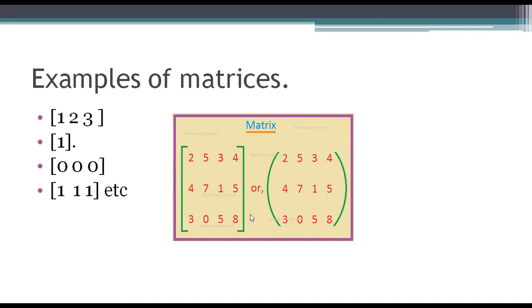That's why we write it 3 by 4. And this matrix similarly has 3 rows and 4 columns. Here the only difference is the parentheses or brackets. This is a square bracket and these are parentheses, and both are right from the matrix point of view. You can write this or this.